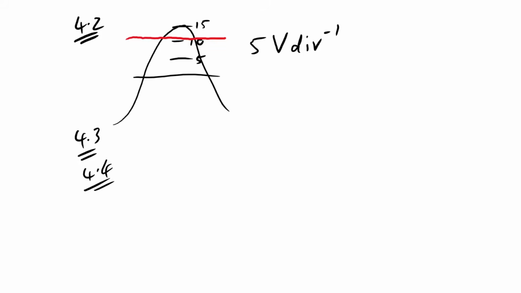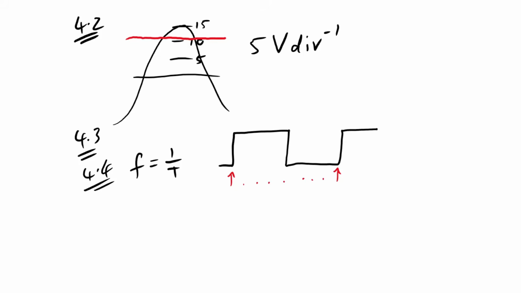So 4.4, we've been asked to find the frequency of the square wave. The frequency is going to be equal to 1 over the time period. We can see that we have this square wave here, and the time period is going to be from here to here. So I can see that that is 1, 2, 3, 4, 5, 6, 7, 8 divisions, or centimeters.